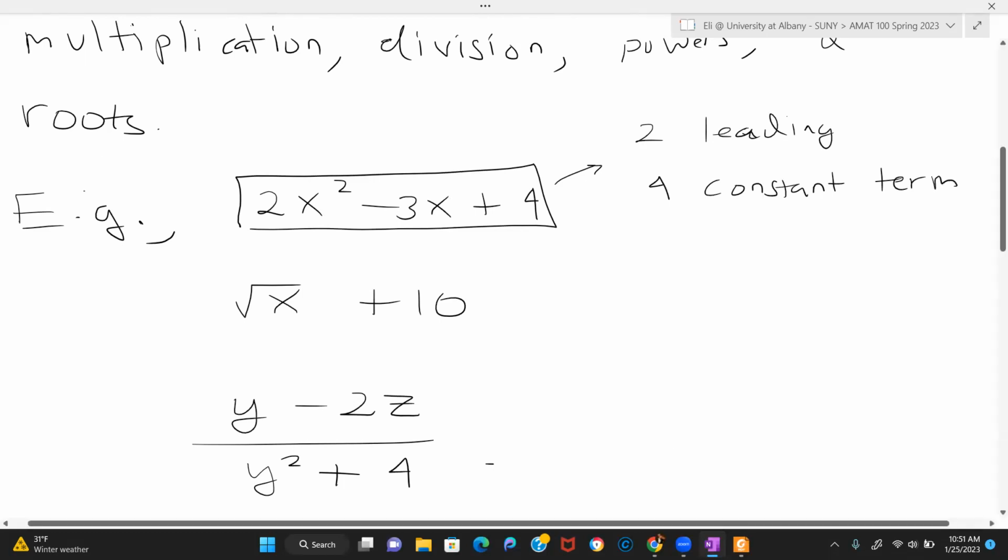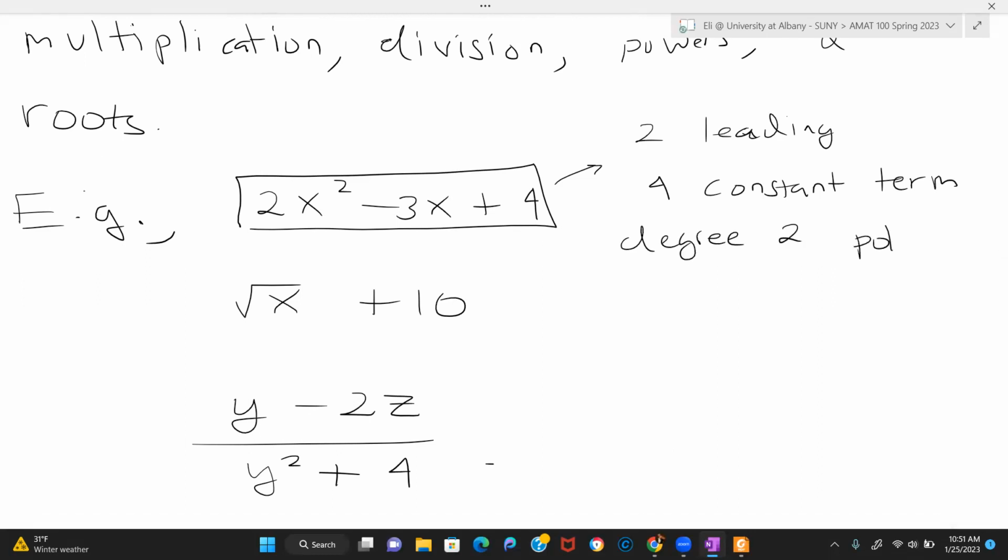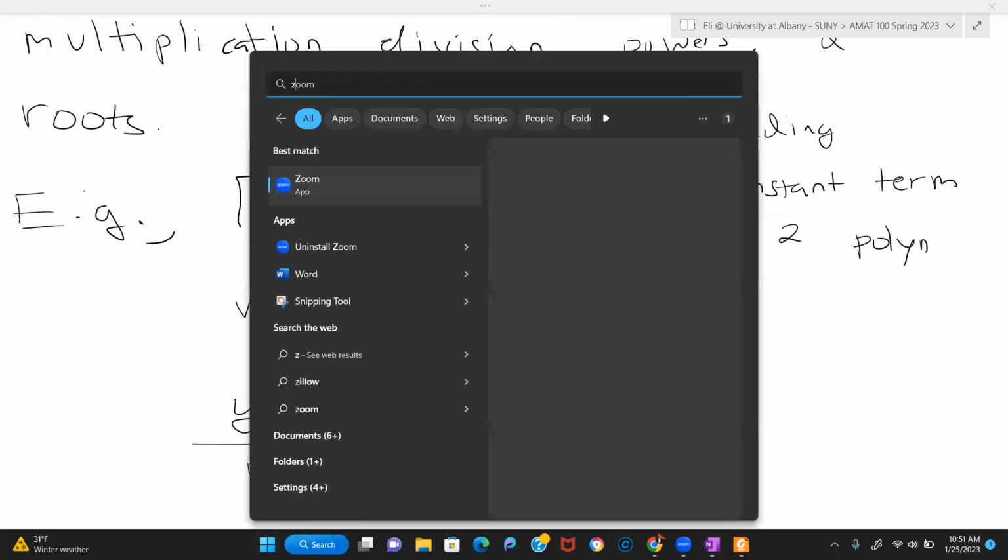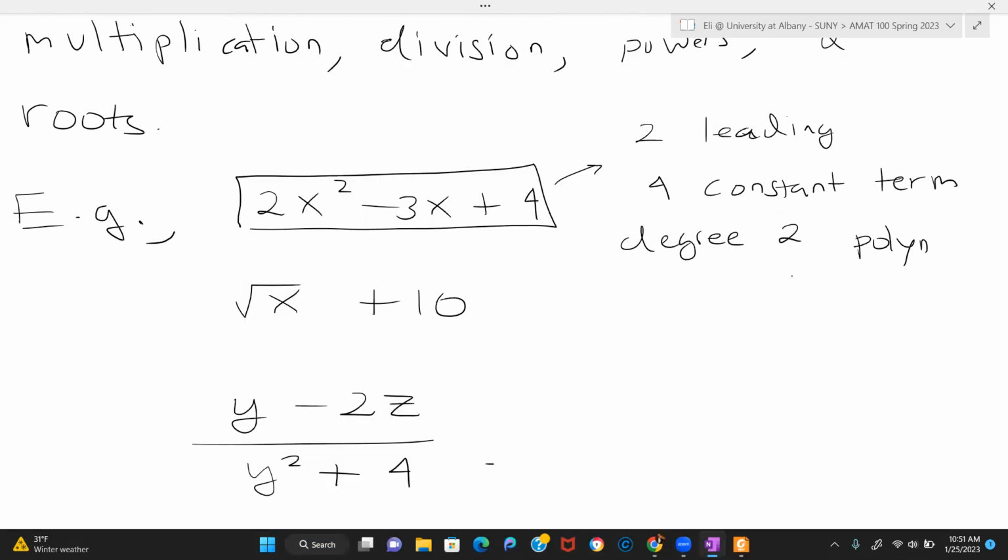And this is a degree 2 polynomial, or second degree polynomial, or sometimes these are called quadratic.